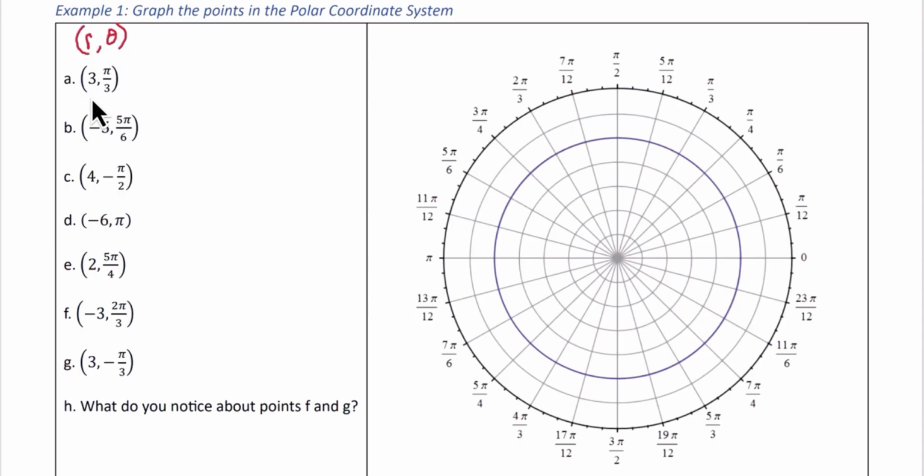Up first, we have 3, pi thirds. Again, we're thinking about the origin as the pole, and then the positive x-axis is your polar axis. Start by sweeping out the angle pi thirds. So from the polar axis, we're going to sweep out the angle pi thirds.